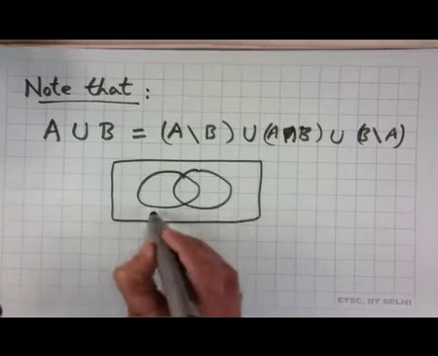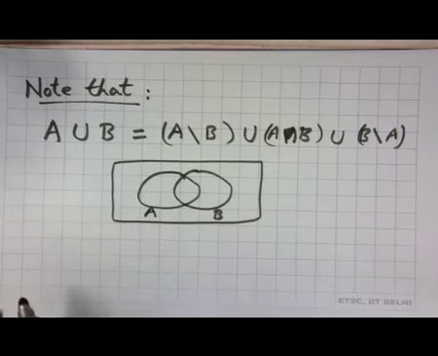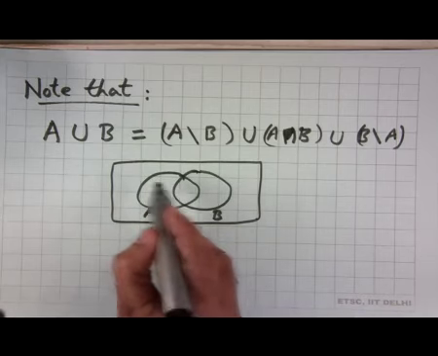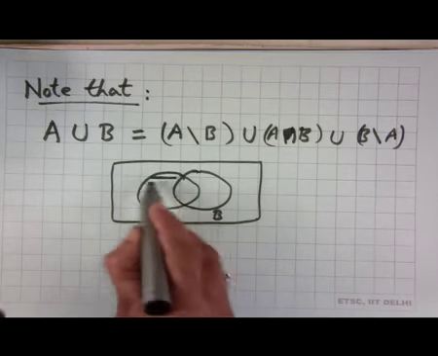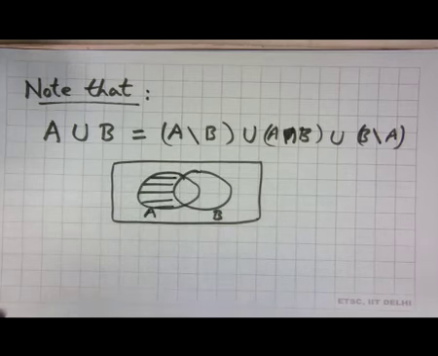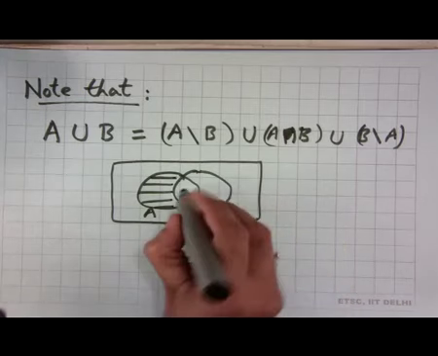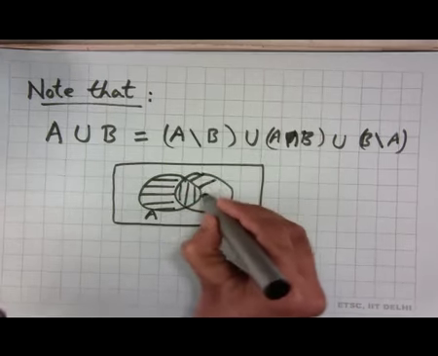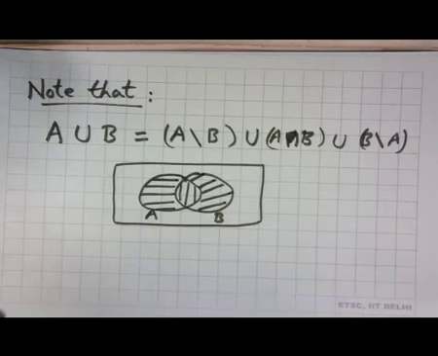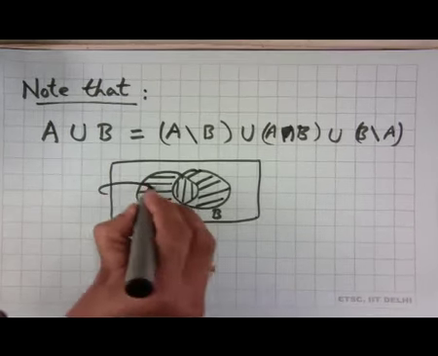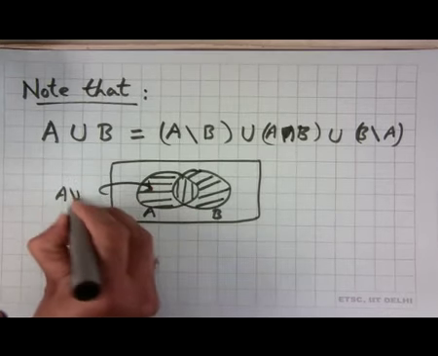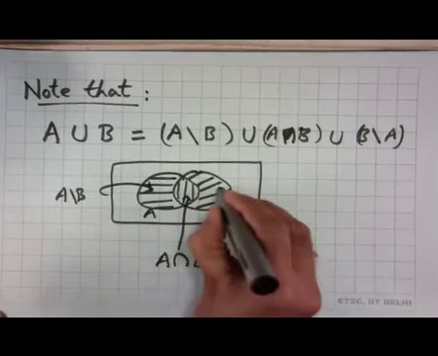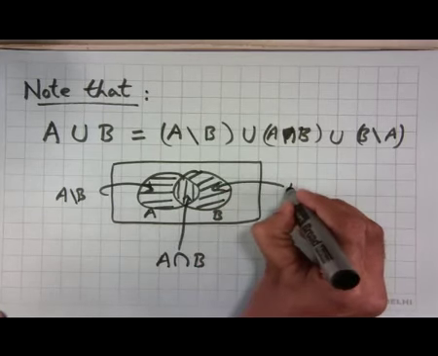If we have this as the set A and this is set B, then A minus B consists of all the elements in A which are not in B. So, this is A minus B, this part is A intersection B, and this one is B minus A.